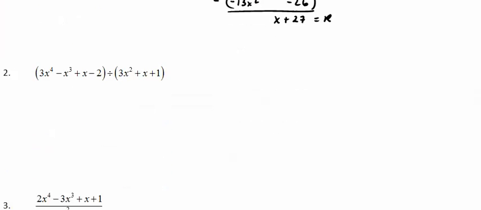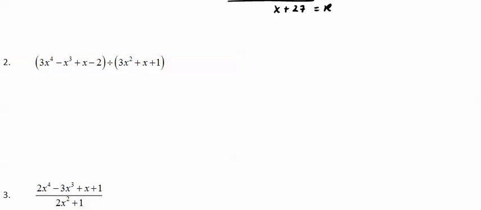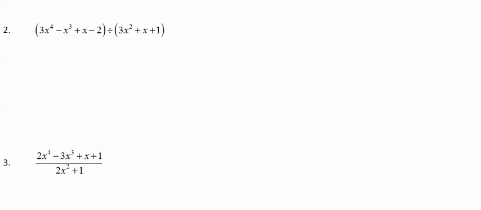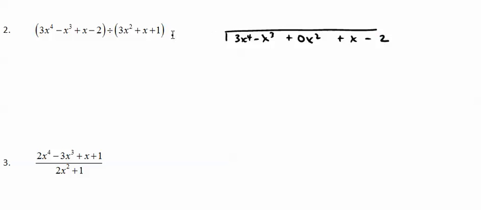Okay, another example, I think I'll just do 2. I won't do 3. You can do that one on your own if you wish. I'm going to write 3x to the fourth minus x cubed, and I'm going to leave a 0x squared plus x minus 2. I'm going to divide by 3x squared plus x plus 1.